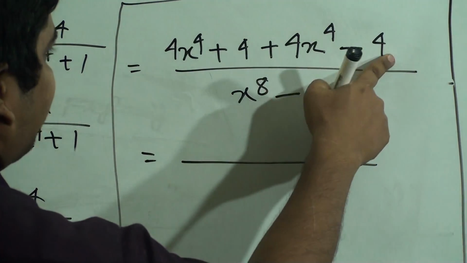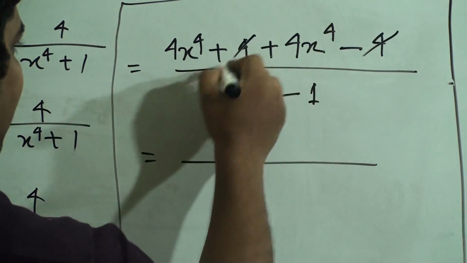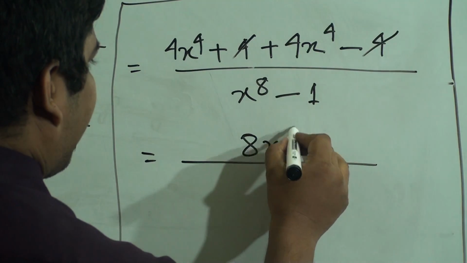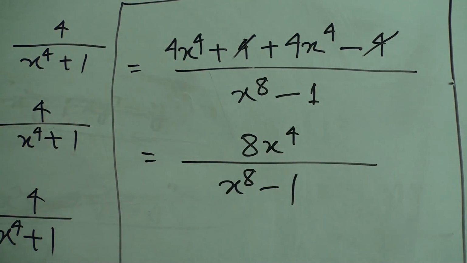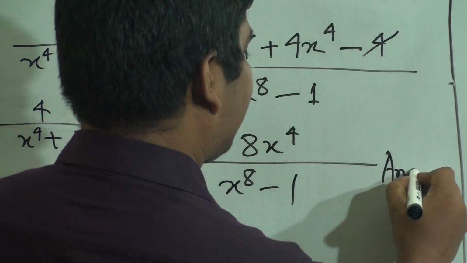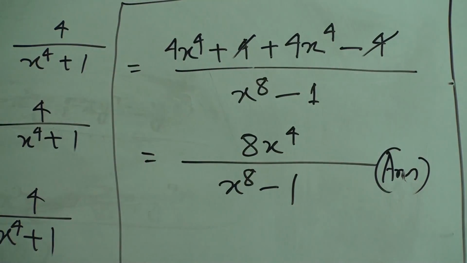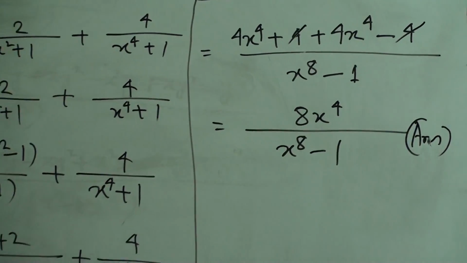We cut this minus 4 and plus 4 and left 8x to the power 4 by x to the power 8 minus 1. So my dear student, this is the solution of this question. Okay, and as our solution is done, we must write the answer. Okay my dear student, please take it again.